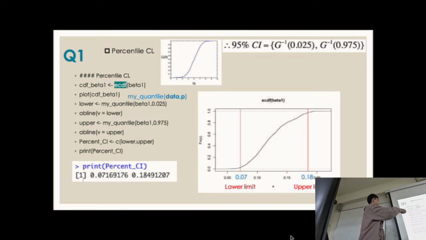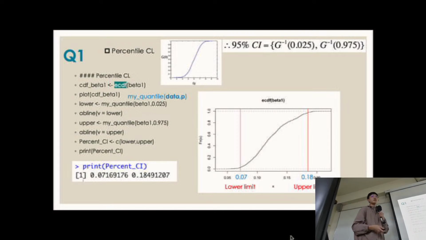So we can get this lower limit, about 0.07, and I use abline to draw the gray line. The upper is done the same way, but changing p to 0.975. So after all, we can get the percentile CI like this.